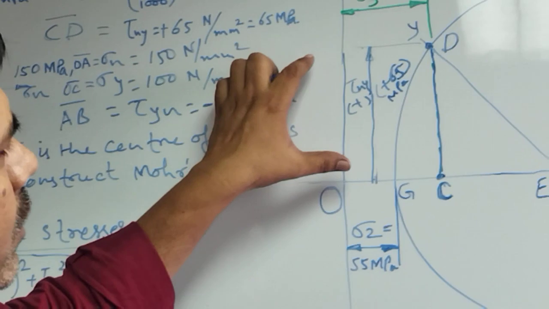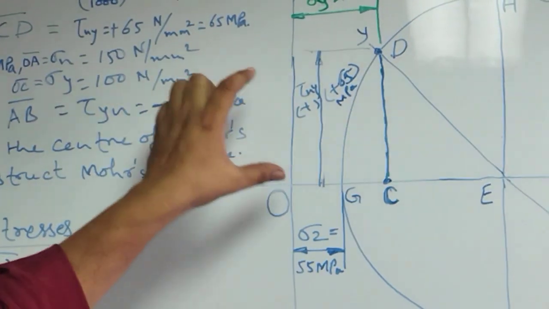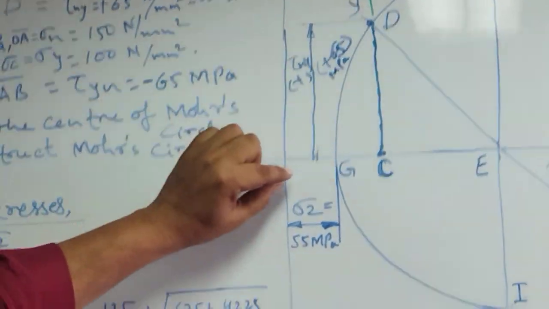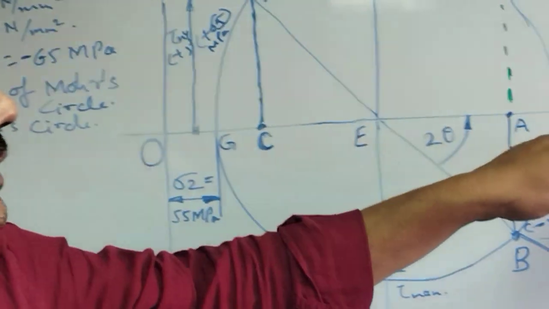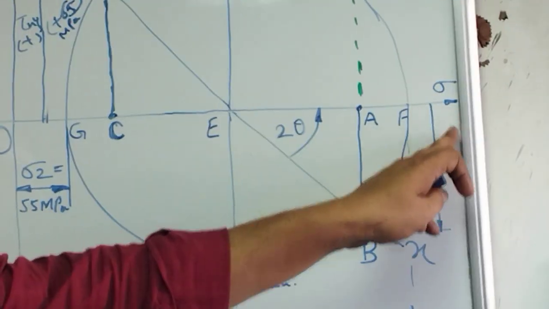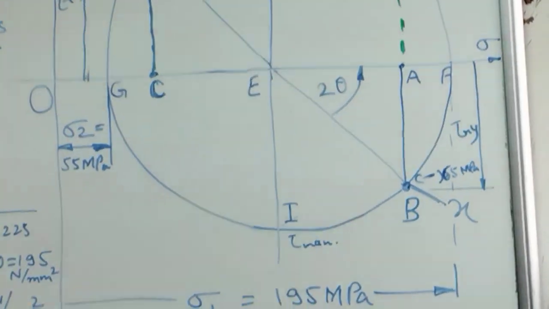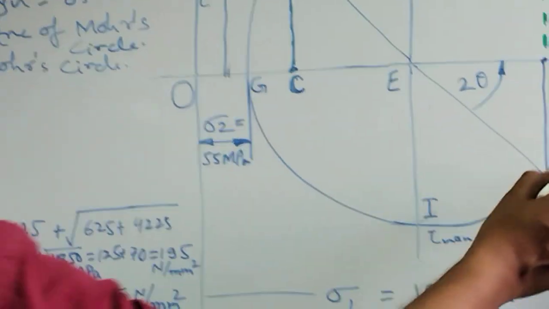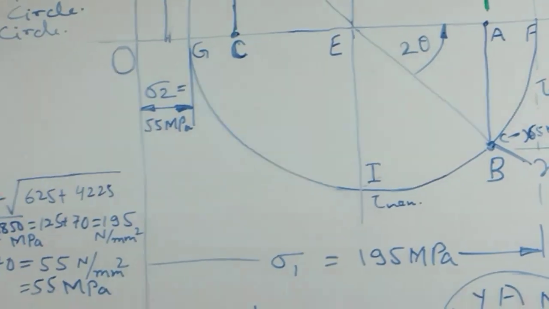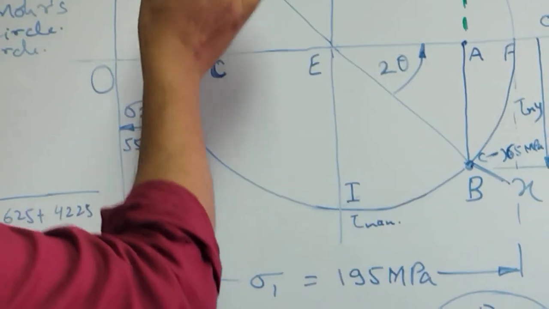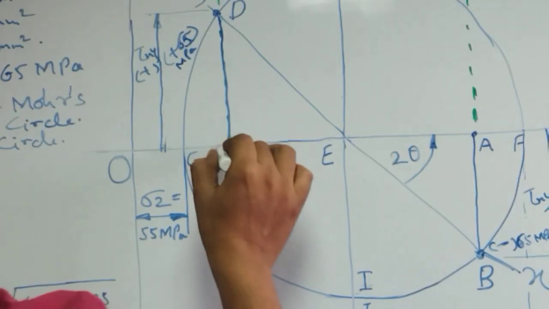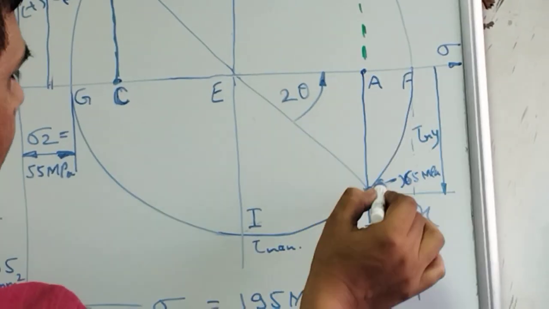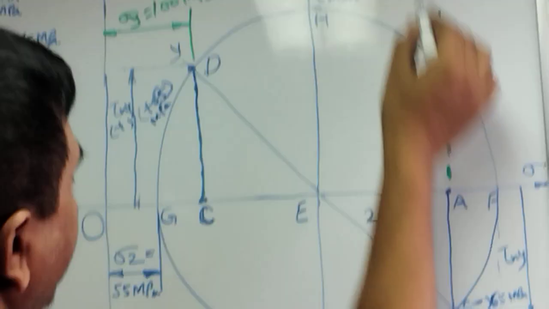Here is the sign convention: the upward direction of shear stress is positive, and below the sigma axis the downward direction is negative. Tau xy is equal to negative 65 megapascal. Then we join the two points, from 150 to 65.